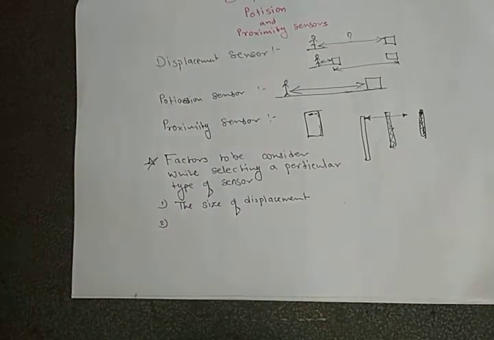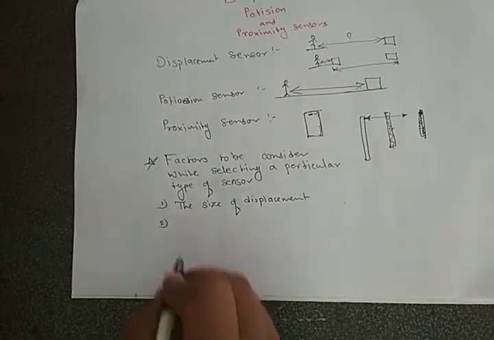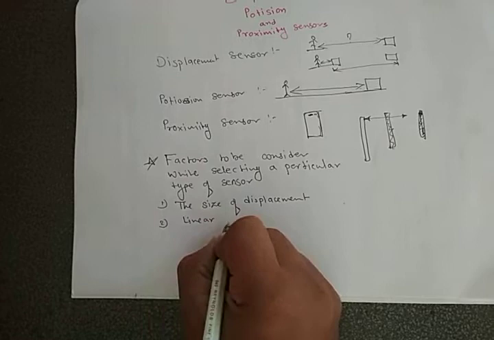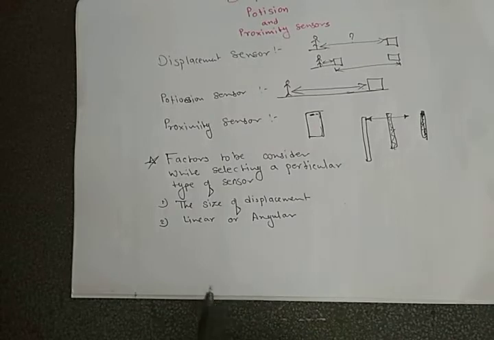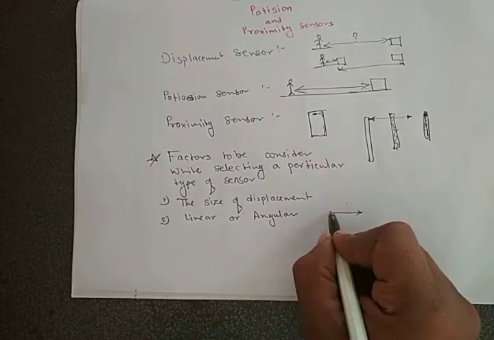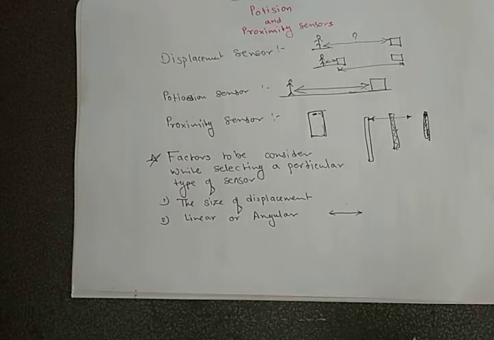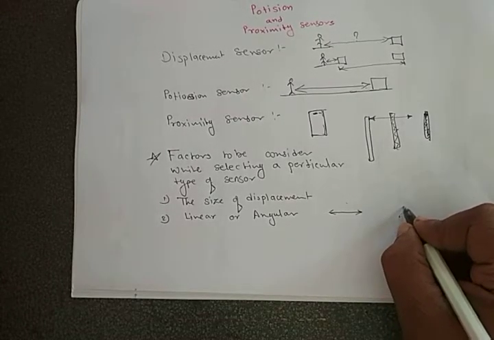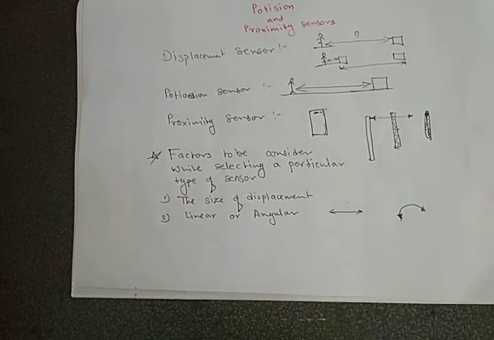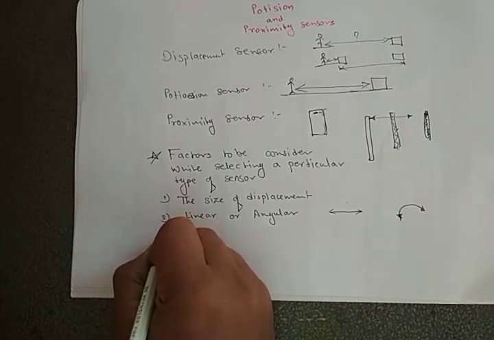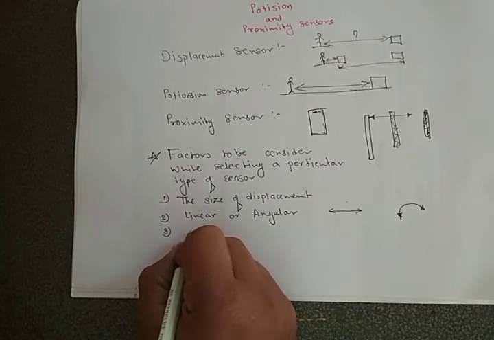Next is whether the displacement is linear or angular. If the displacement is linear, different sensors are used to measure it. If the displacement is angular, we have to use a different type of sensor. So depending upon linear or angular displacement, we have to select the sensors. Next is resolution required. Whatever resolution you require, that type of sensor we have to use.